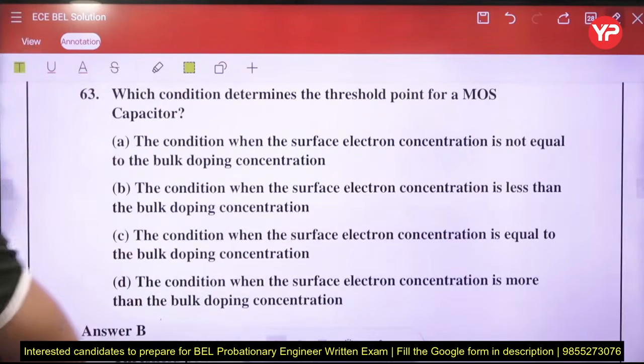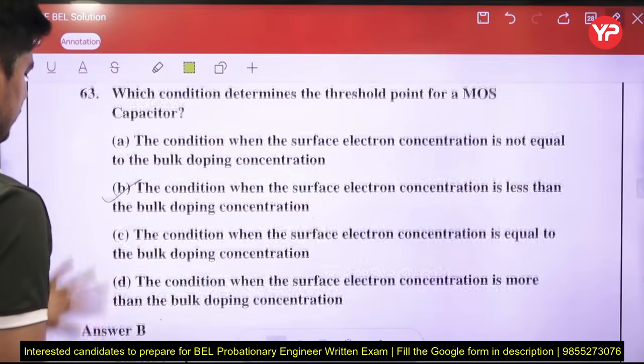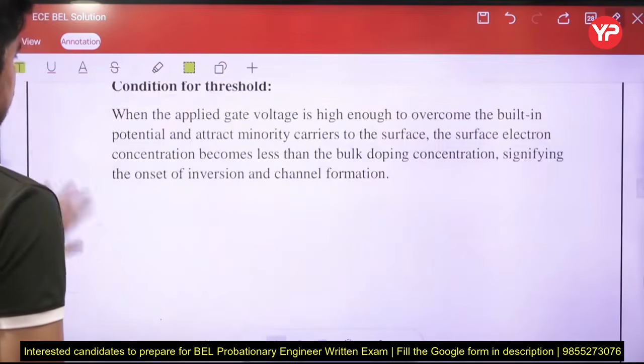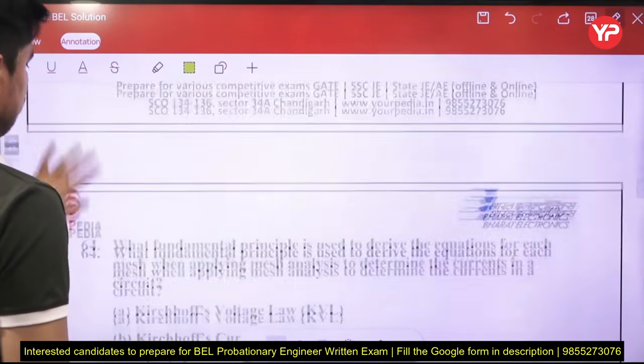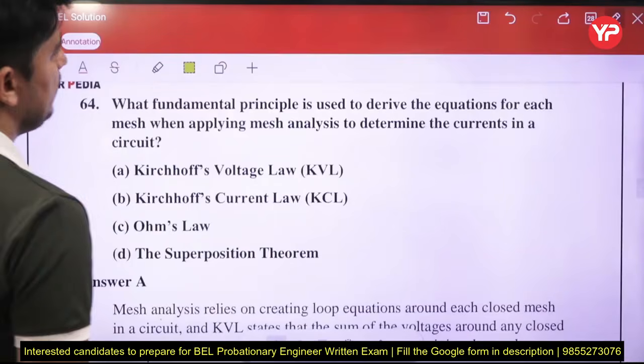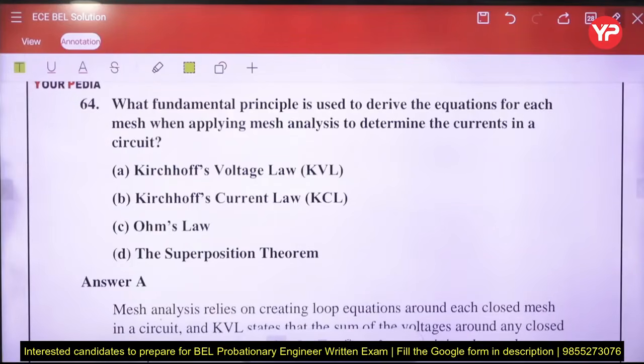Which condition determines the threshold point for a MOS capacitor? That will be when the surface electron concentration is equal to or greater than the bulk doping concentration. The answer will be B for this one. What fundamental principle is used to derive the equation for each mesh when applying mesh analysis to determine the current in a circuit?